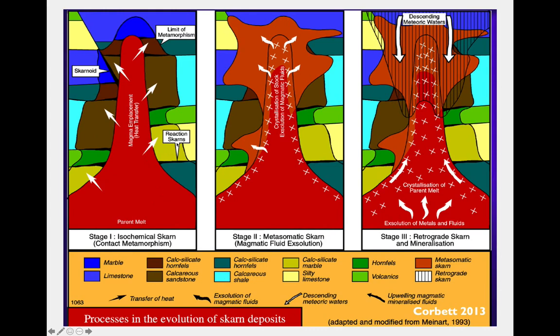We have reactive skarns, where a magma transfers heat and potentially fluids and other elements. This metasomatically alters the skarn. And this is the prograde stage, and then we might introduce external fluid somehow, and that leads to the retrograde metamorphism of the skarn minerals.